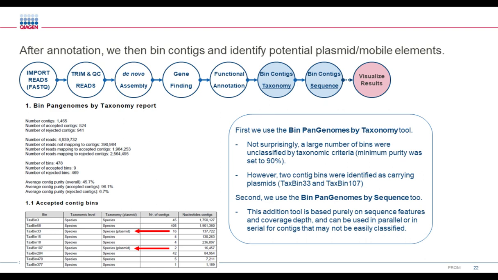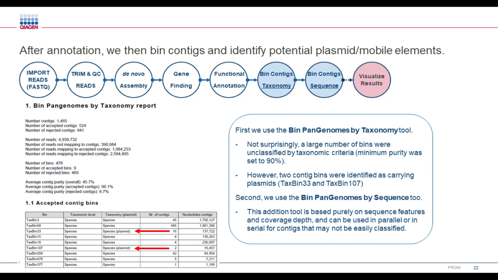So following the functional annotation of all the contigs within this particular patient sample, we then binned them. In this case, this is a snapshot of the top of the PDF report that gets produced by the bin pangenomes by taxonomy tool. We were able to successfully bin 524 of the 1,400 or so contigs that were present in this assembly.